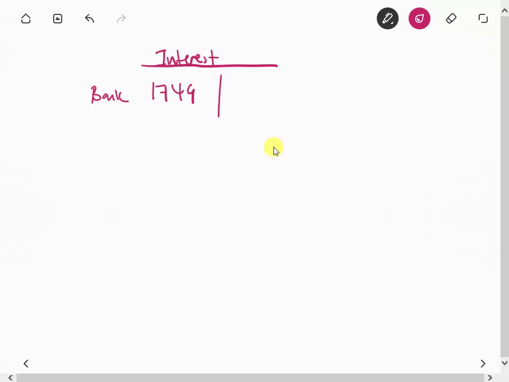And I did not pay extra, or I did not pay anything more or less. How much is charged to SPL? How much is my expenses? 1749. Follow this one or this one? Follow this one. 1749 is my expenses. How much did I actually pay for these expenses? Same. That's why no prepayment, no accrual, no closing balance. No accrual, no prepayment, even from brought down. That's why it's the same.